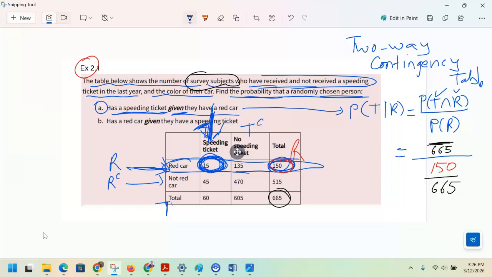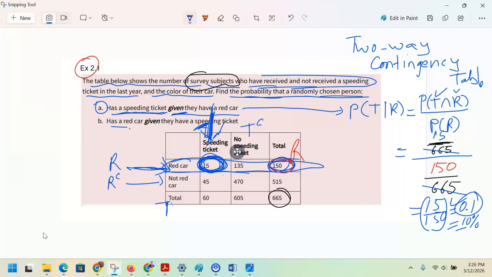So that's 15 out of 665, and you can see 665 is the same. So you just write 15 out of 150. 15 out of 150 is the same as 0.1, which is almost 10%. If you write this, you're done. 10% is also correct.